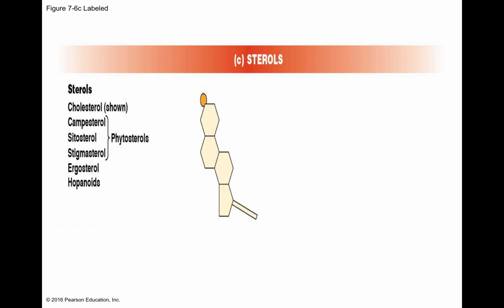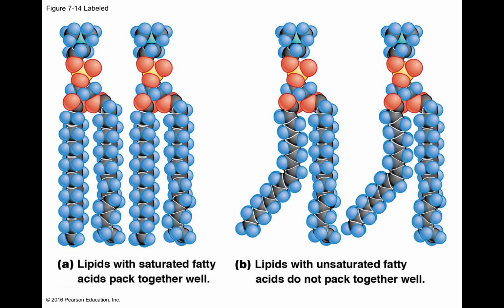It gets embedded between individual phospholipids in a membrane, and it can adjust that membrane's fluidity. So membrane fluidity is a big feature of membrane function. Membranes must remain fluid in that all the components in that fluid mosaic membrane have to be able to move.